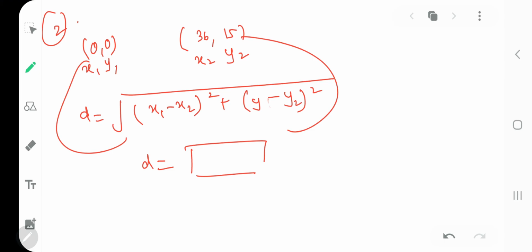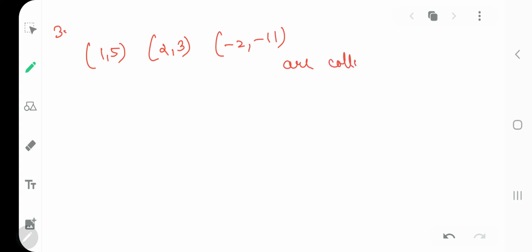We'll jump on to problem number 3. Problem number 3 says, determine if the points 1, 5, 2, 3 and minus 2, minus 11 are collinear. Now what do you mean by collinear? Suppose I give the names A, B and C. If the distance between AB is equal to the distance between BC, then they will be called collinear points.